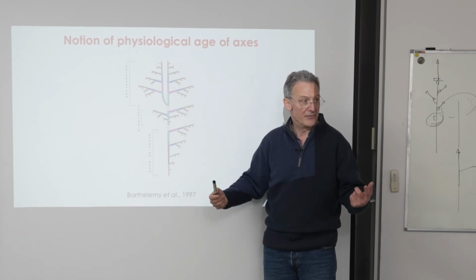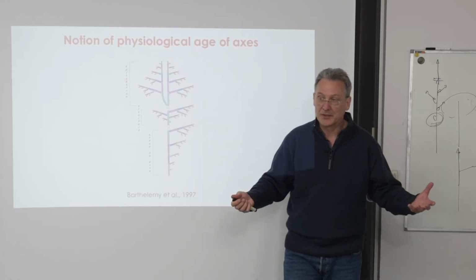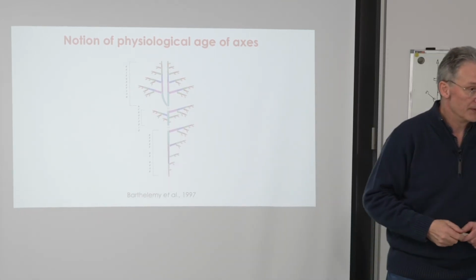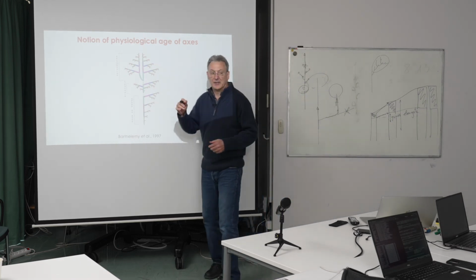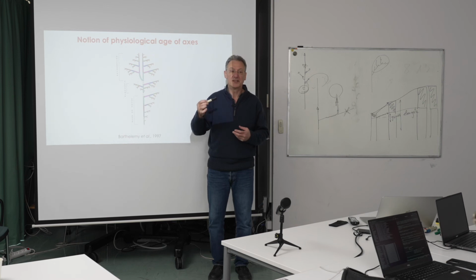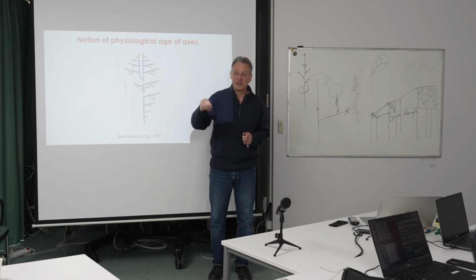So same type of axis means the same production that the meristem producing this axis can produce. Okay? So it's a human view on the trees, but it's a very convenient view. It doesn't mean that this is true. It doesn't mean that the physiology of the plant is really going this way.